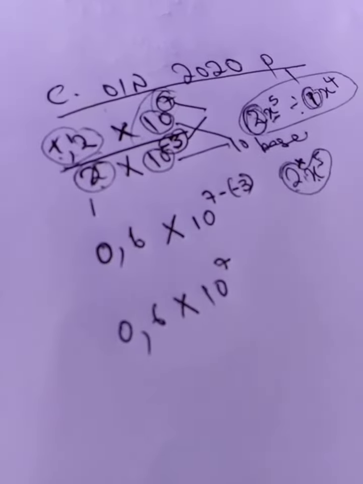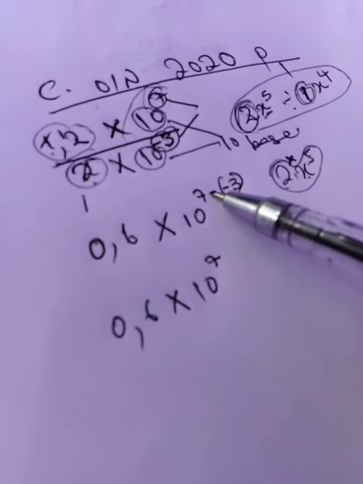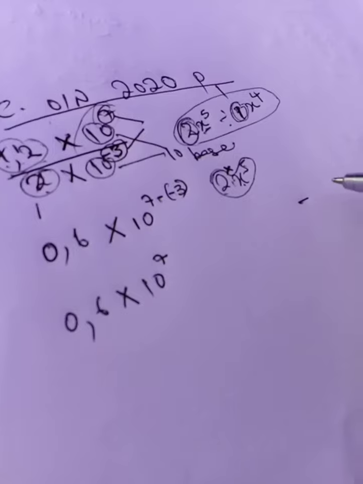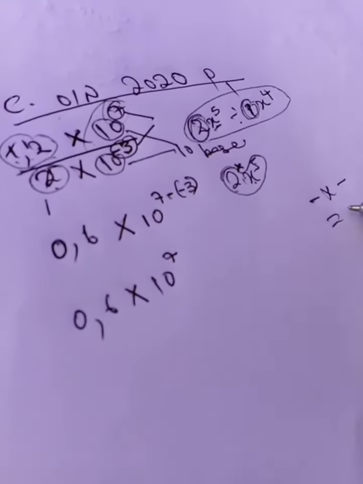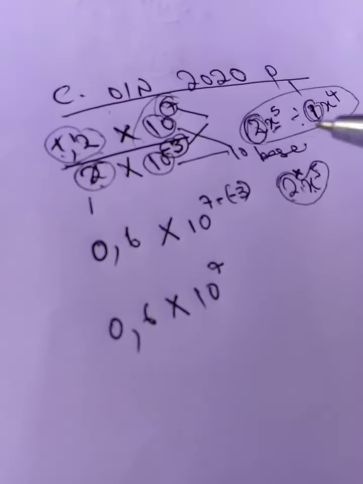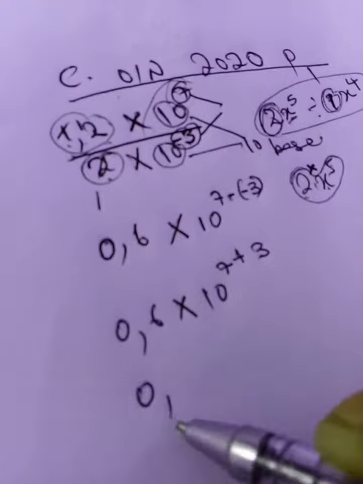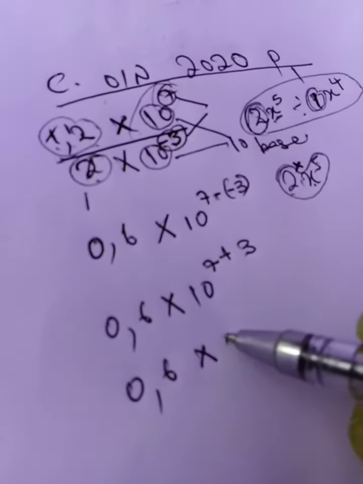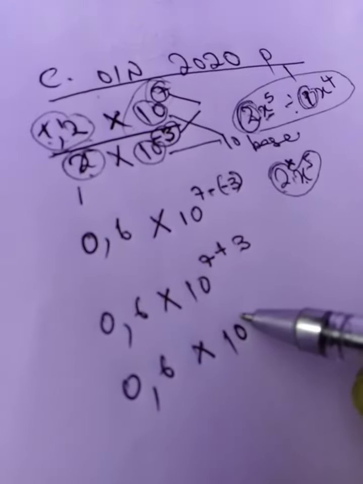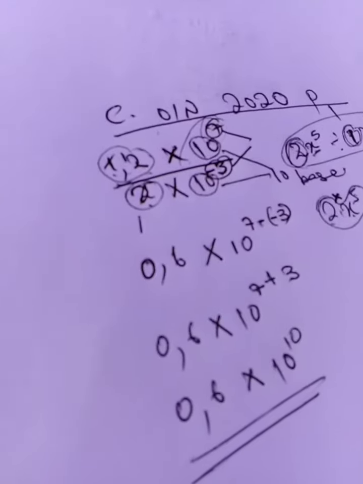When we have two negatives, we multiply this negative into the negative 3. A negative times a negative is equal to a positive, so we get a positive 3. 0.6 times 10 to the power 7 plus 3, which is 10. So this is going to be our solution.